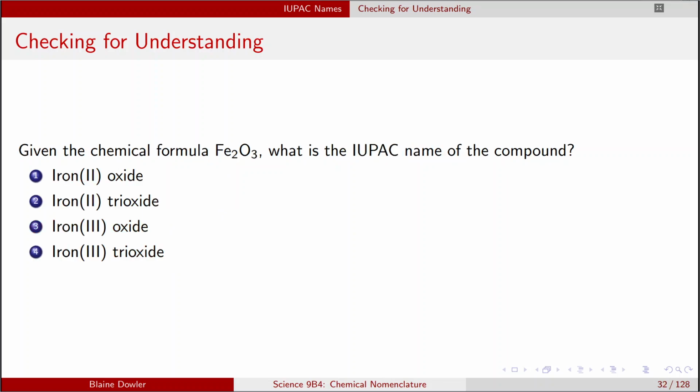Given the chemical formula Fe2O3, what is the IUPAC name of the compound? Is it iron(II) oxide, iron(II) trioxide, iron(III) oxide, or iron(III) trioxide? Pause now if you need more time. This is iron(III) oxide. Again, with a metal and a nonmetal, we don't use the tri prefix.